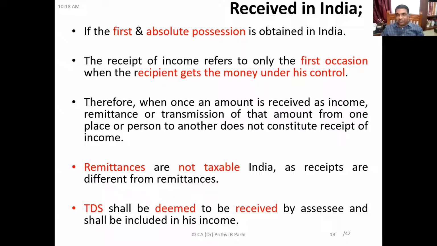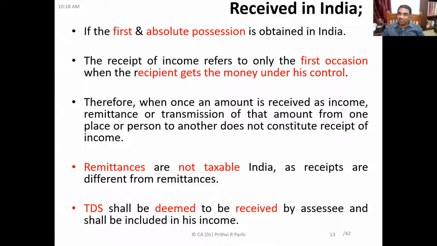Now, what is coming to your mind? This remittance, will it be considered as income received in India and taxable in India, even if the person is a non-resident? What do you think? No, sir. Why no? Because there is no absolute position. Yes, this is not an income which is received in India, because first and absolute position was in the US.